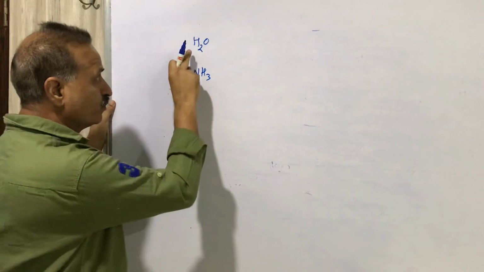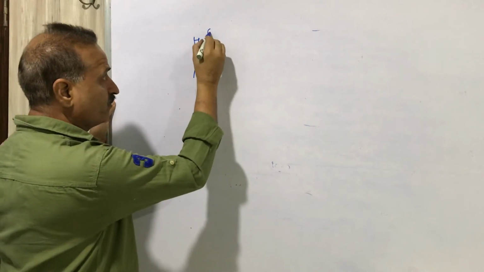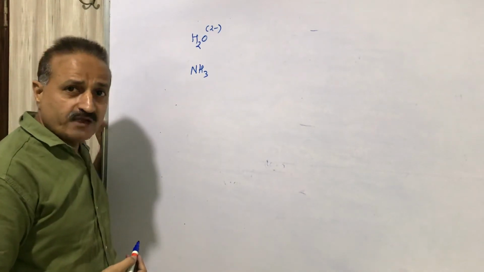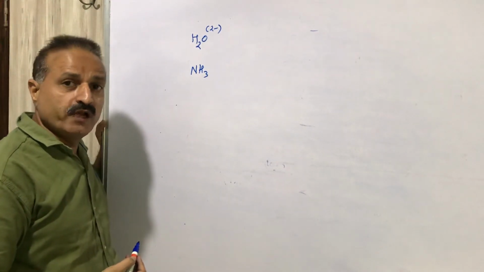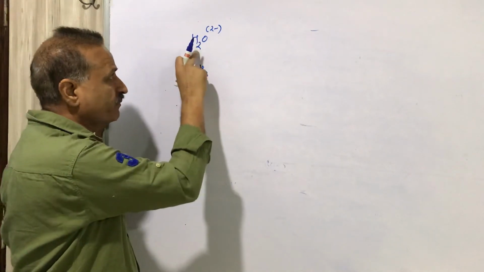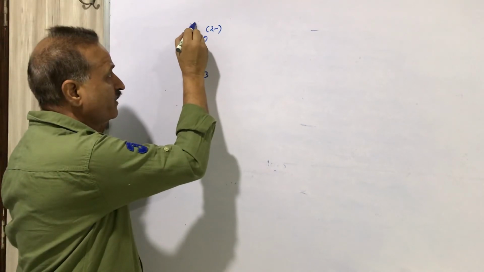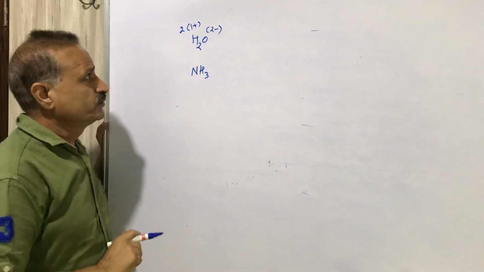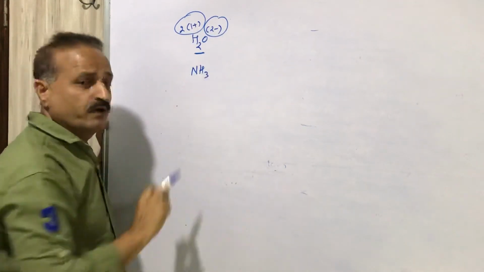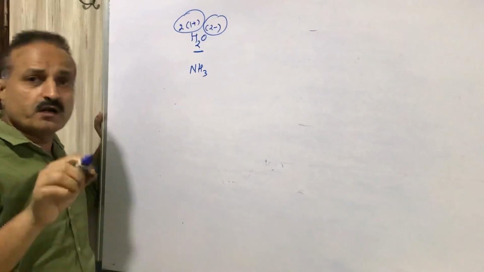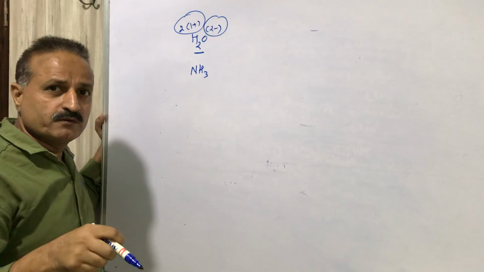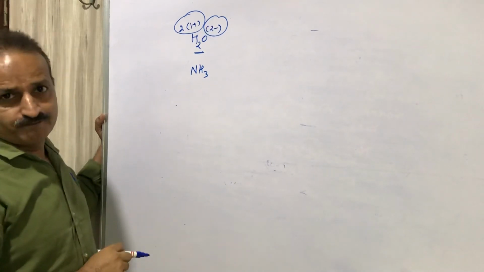So in H2O, oxygen will convert into 2 minus because oxygen should get 2 electrons to convert into neon, and oxygen is 2 minus, then 1 hydrogen is 1 plus, so 2 hydrogens will become 2 plus. So total charge 2 plus and 2 minus, the total charge is neutral. So H2O is a neutral compound. Any compound is neutral if the opposite charges are equal.